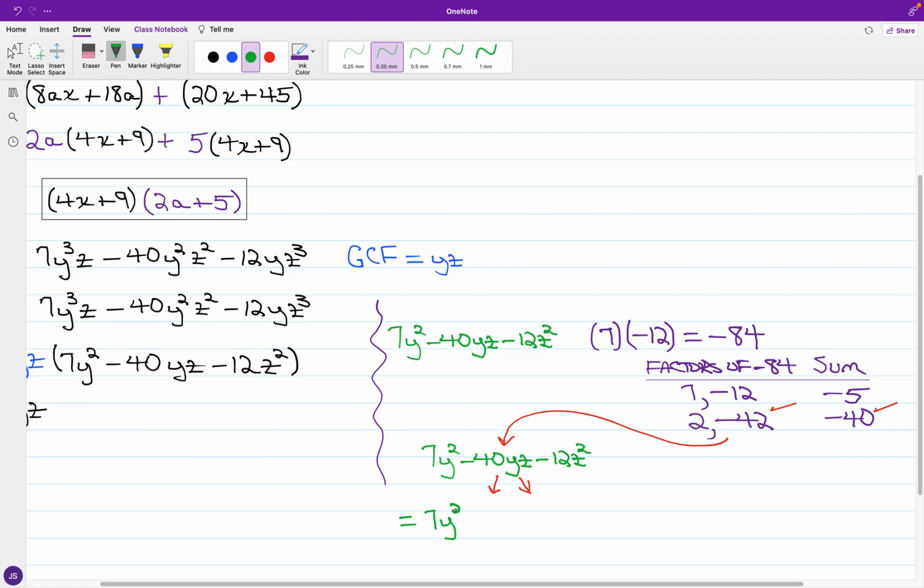But for what we have, you have 7y squared, and I'll put the negative 42yz at the front.